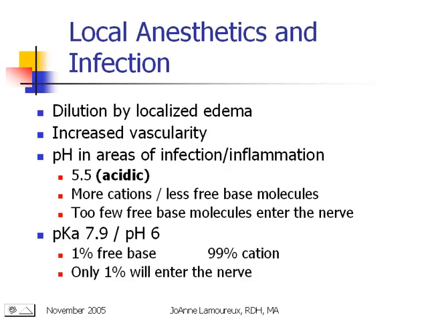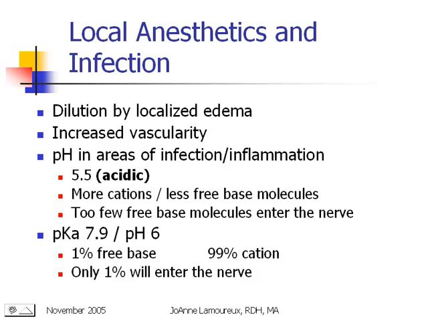The blood vessels in the area also dilate, and there's more fluid in the area. So the local anesthetic is going to be carried away from where we put it at a much faster rate because it gets diluted by the localized edema, and it gets sucked up into the bloodstream by the dilated blood vessels. The third thing that happens is in areas of infection or inflammation, the tissue becomes much more acidic.